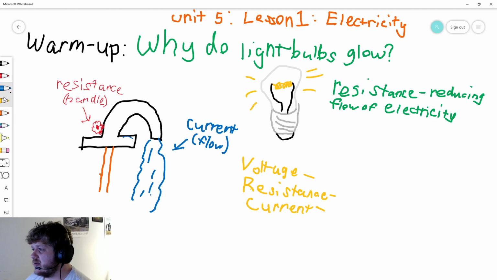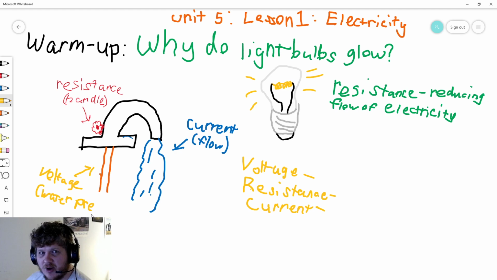And similarly, we have our pipes, where the water pressure would be our voltage. So our voltage is how much work we can actually do. If we have a lot of water pressure, we can have a really great flow coming out of our faucet. If we only have a little bit of water pressure, then it's just going to be a little dribble.